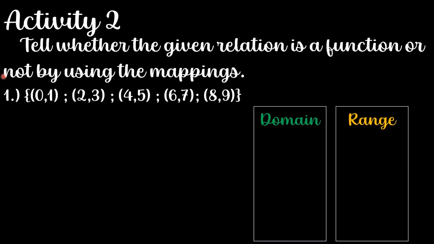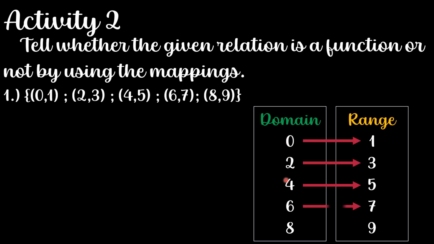Our domain are 0, 2, 4, 6, and 8. While our range are 1, 3, 5, 7, and 9. Now, each domain is paired exactly to one range in our item number 1. So this one is an example of a function.